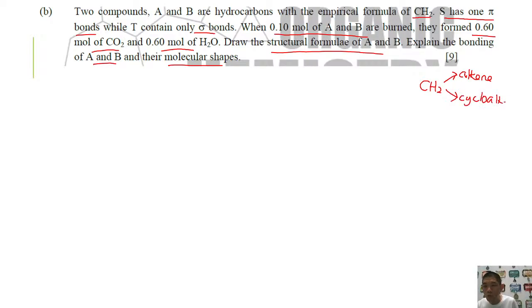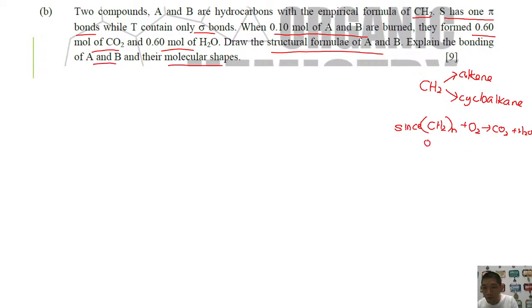These are the only two that have the empirical formula CH2. And then the question already gives you 0.6, so since (CH2)n, when burned with oxygen, will produce CO2 and H2O.